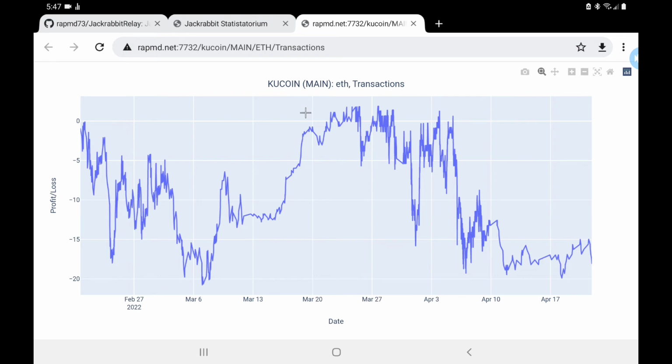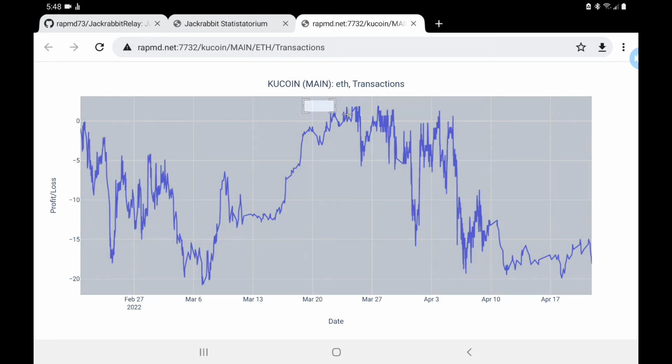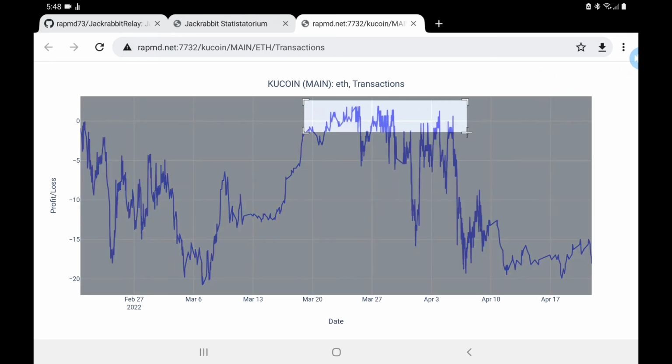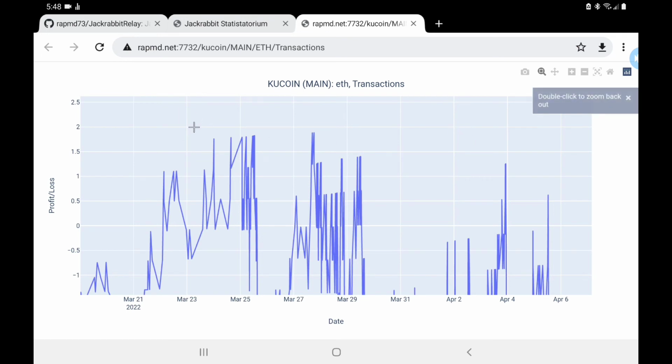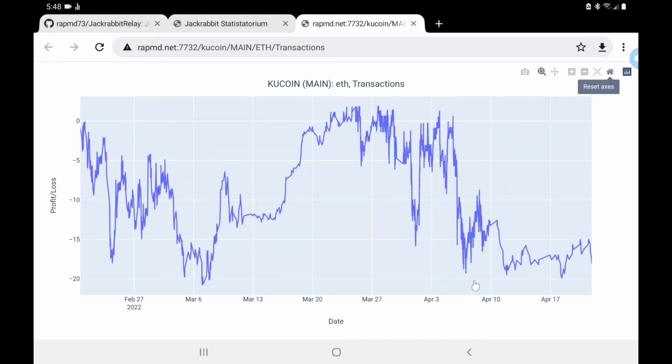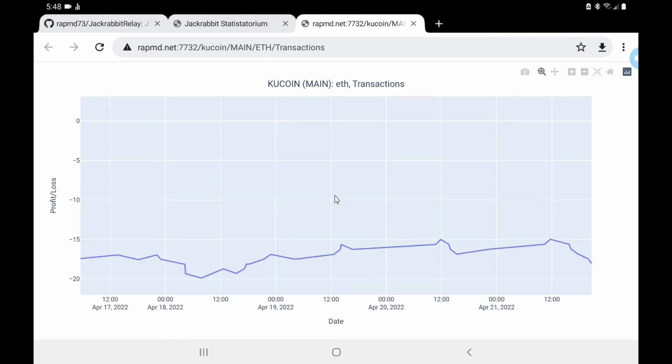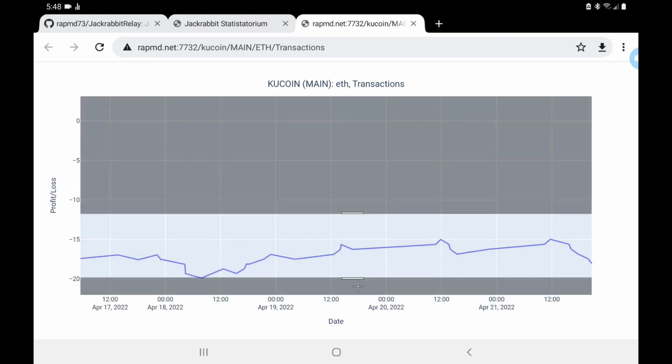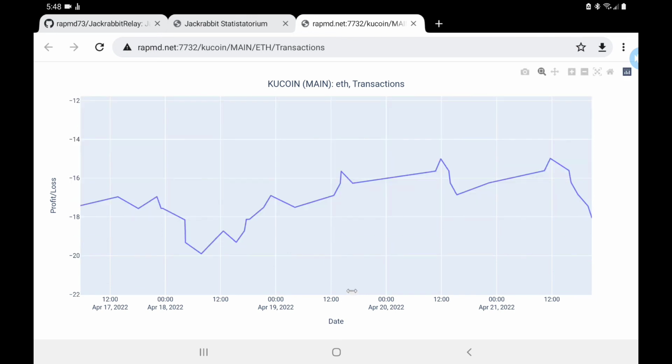You can see up here I actually went into a hard profit before I started the most recent accumulation cycle. And you can see right now I am a little less than $20 invested. Of course, you can zoom in and really see how the chart looks.